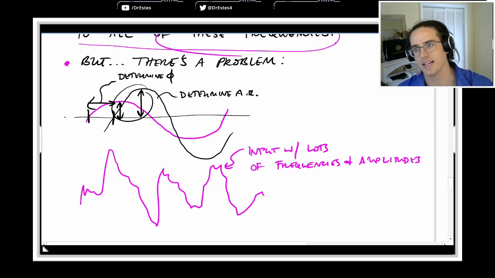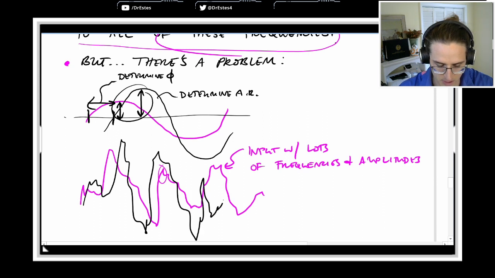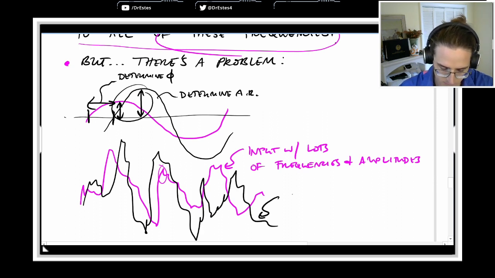So it's not even clear which features belong to which frequencies. And the output is going to look just as crazy.